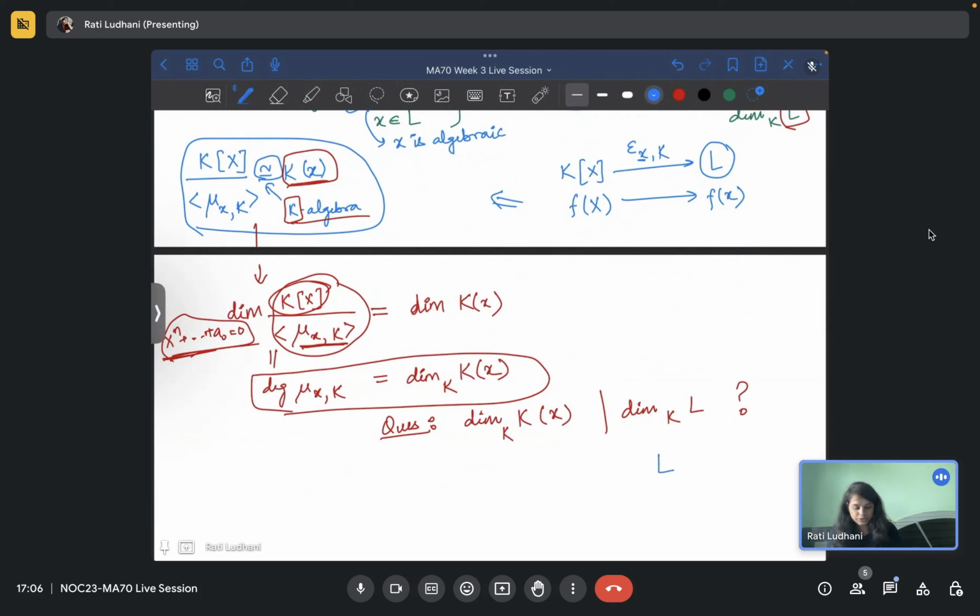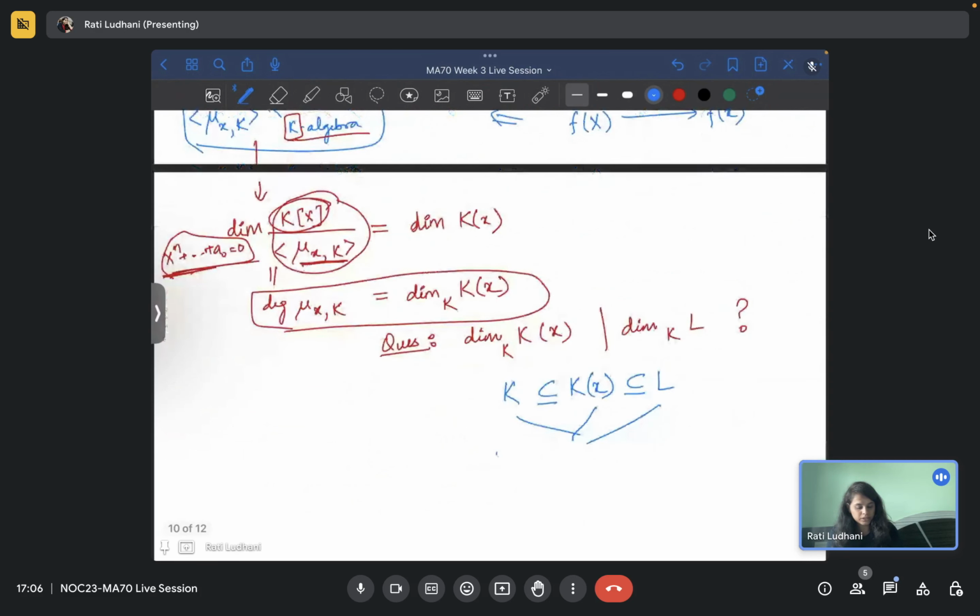Yes, you can use this first statement, this tower. All three are fields, right? And you know that L over K is finite.